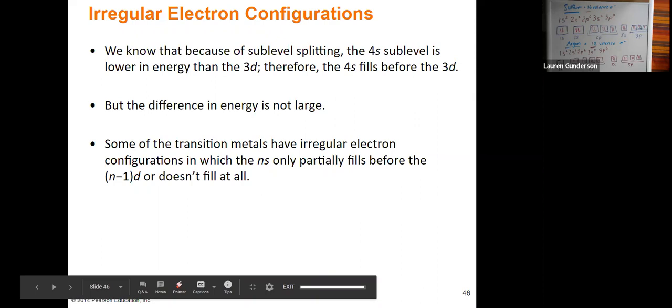And everything in terms of filling electron configurations or doing anything involving electrons and bonding, it's all about having the lowest energy level possible.